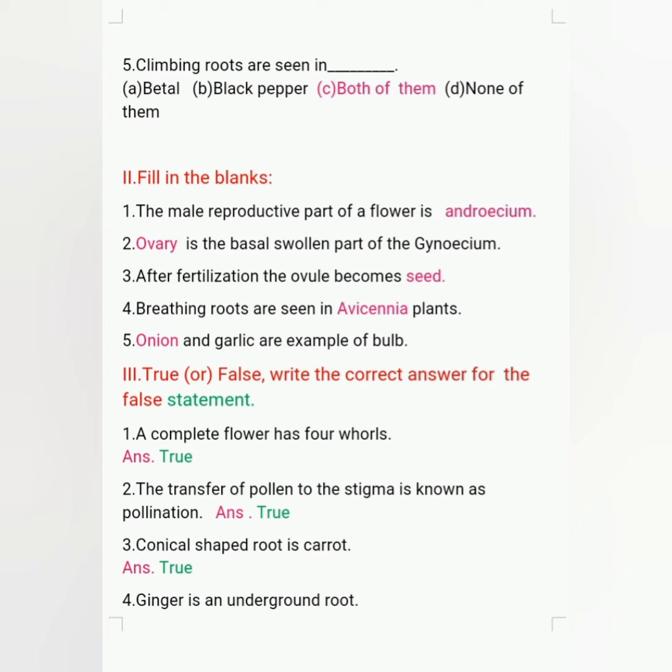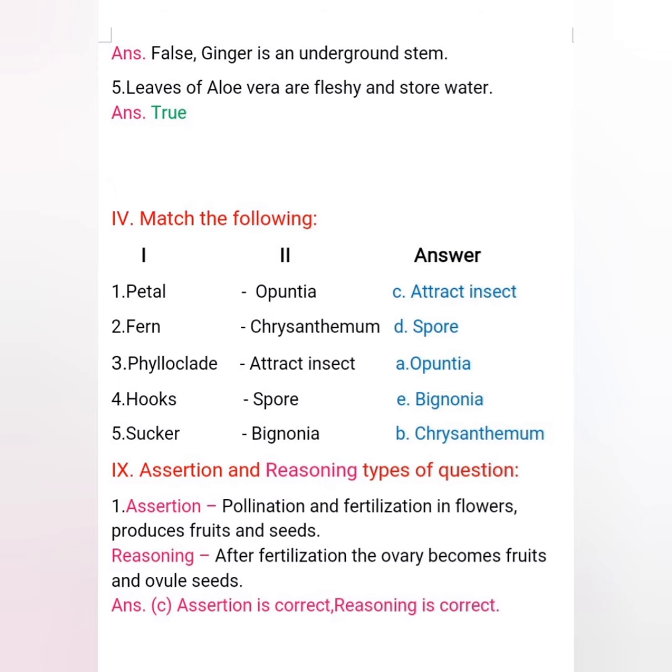Conical shaped root is carrot. Answer true. Question number 4. Ginger is an underground root. The correct answer is false. The correct statement: ginger is an underground stem. Question number 5. Leaves of aloe vera are fleshy and store water. The correct answer is true.